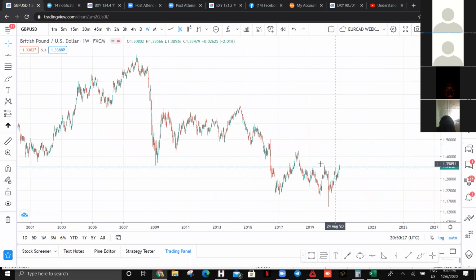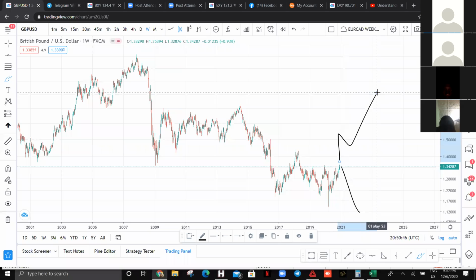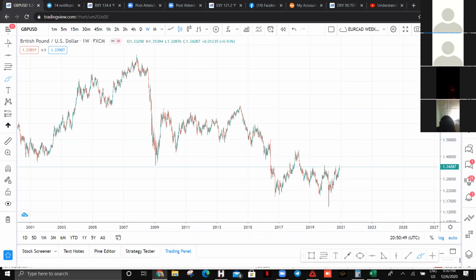But until it has broken this high, you can't take this trade, because it can get to this level where it is now and begin to drop back down like this. You never can tell. But until it breaks this level, then you can say yes, this trade is going in my direction.